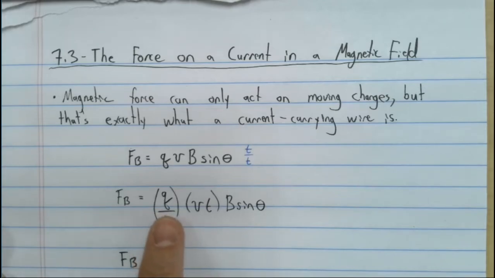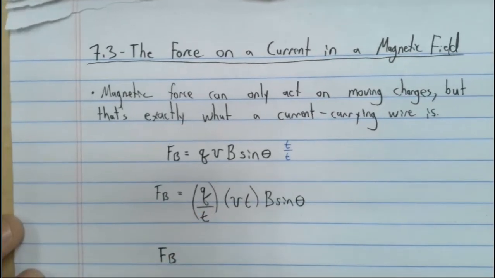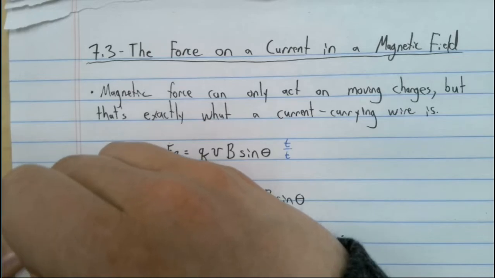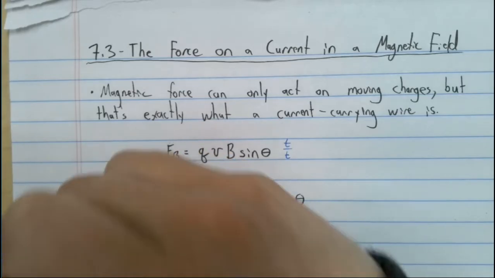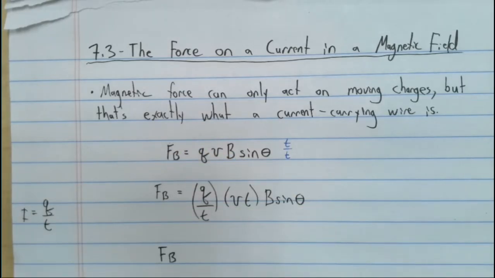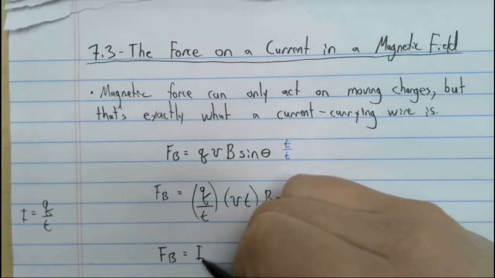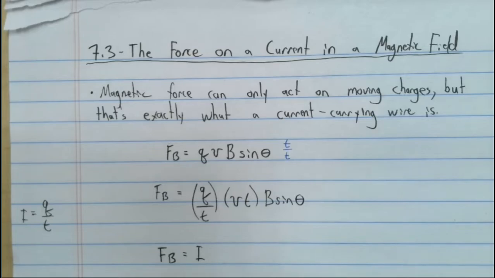So this is the equation I was going to write off to the side. It's from our last chapter. q over t, charge per time, is the exact definition of what current is. That's the equation that we wrote down in lesson 6.1, I believe. So the amount of current is charge over time, so this is really just current. It's the current passing through the wire.